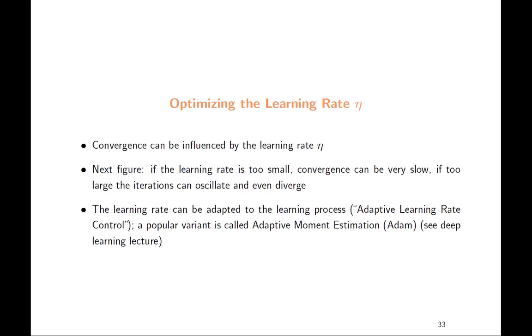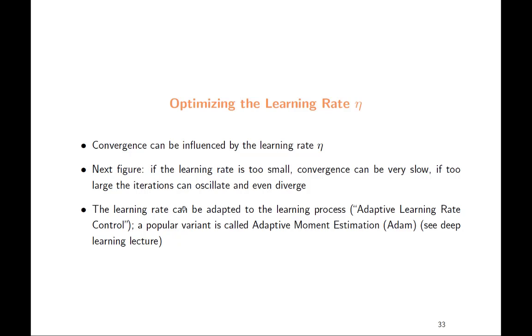There's not just lambda, there's also eta, and we haven't really discussed this a lot so far. Of course, eta must also be a good parameter, because if you pick it too small, you can wait forever until it converges, and if you pick it too large, the whole learning process can become unstable.